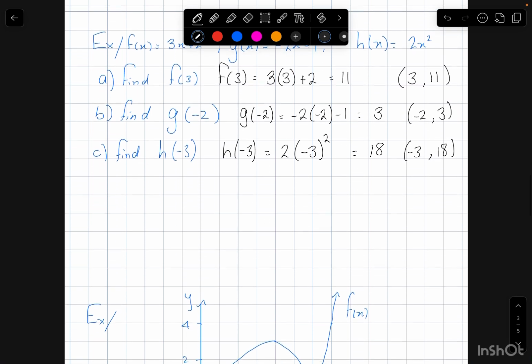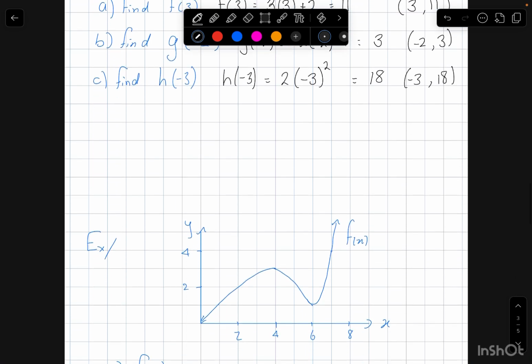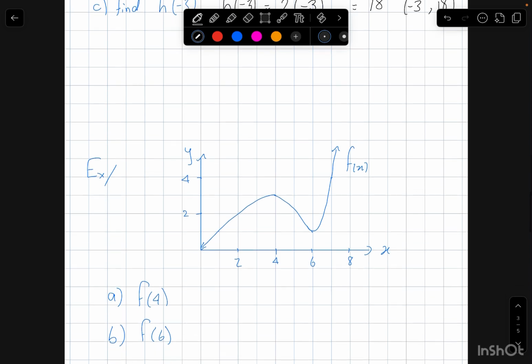With that, we can apply function notation to a graph. I've got my function, f of x here, and it looks a bit like a cubic, but ignoring that, we're just looking at f of x. Now I want to find f of 4, but I don't have an equation to substitute it into. But remember, f of 4 is the y coordinate at the specific x value 4.